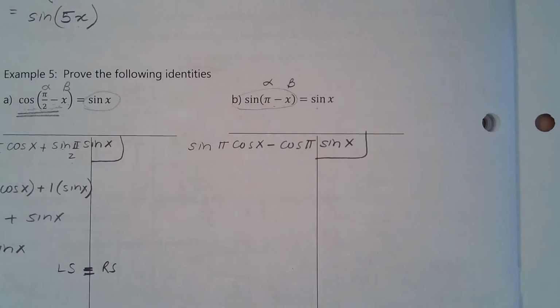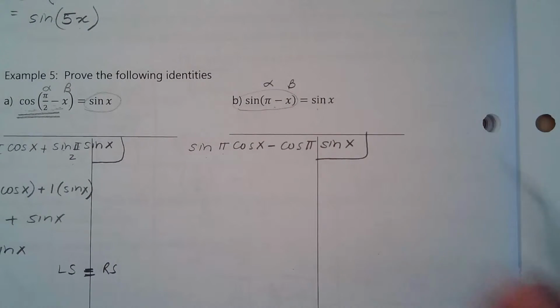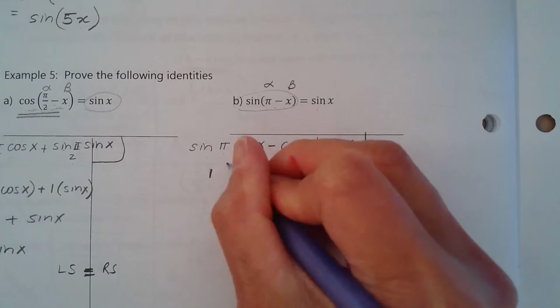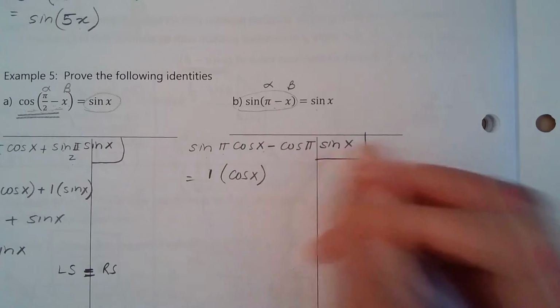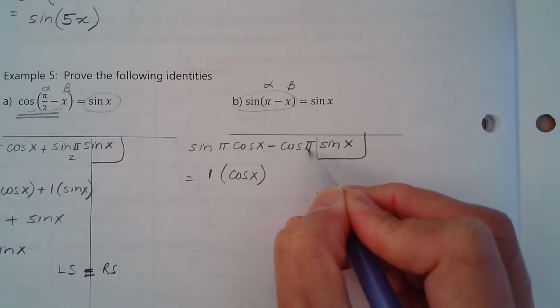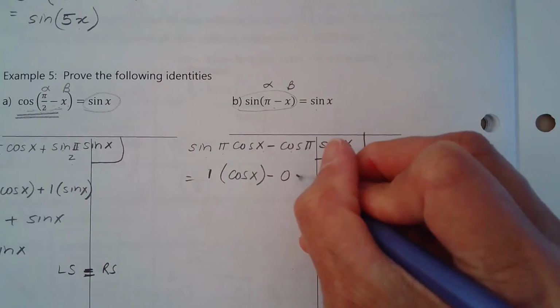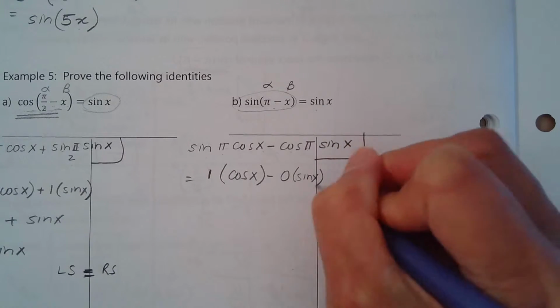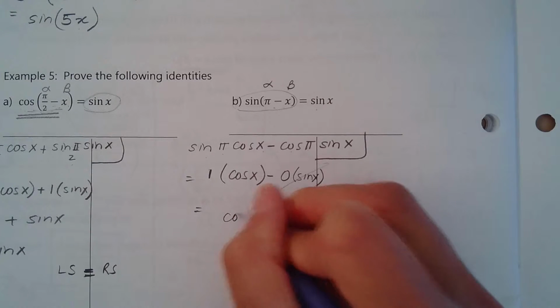So we're working on the left side because it's more complicated. Sine of pi is going to be 1. Cos of x, well, we don't know, just cos of x, minus cos of pi, which is 0, times sine of x is sine of x. So this is going to be really 0, so it's going to be cos of x.